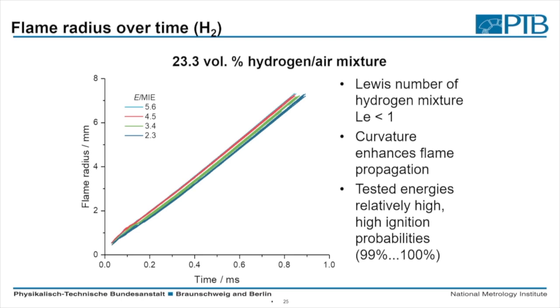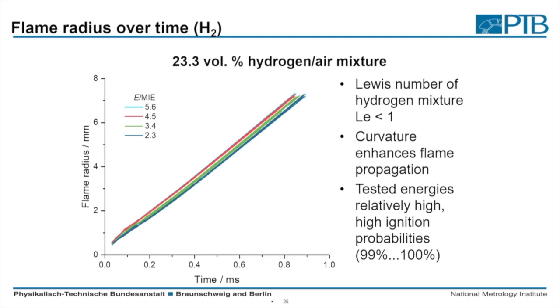And the big difference here is that for hydrogen the Lewis number is smaller than 1. For the hydrocarbons we have seen it's larger than 1. That means hydrogen loves this curvature. I have explained this already in one of the previous lectures.